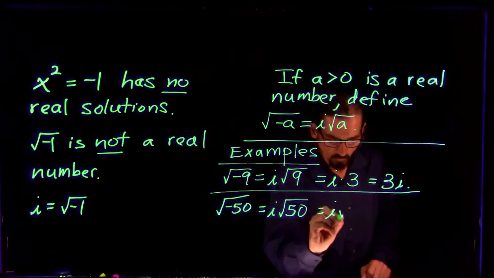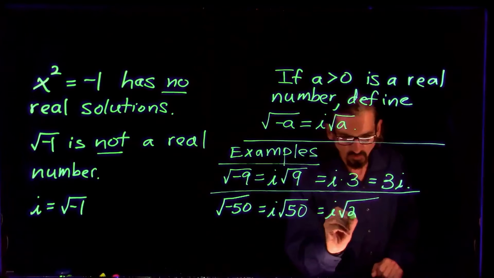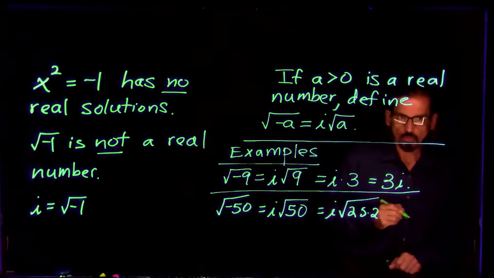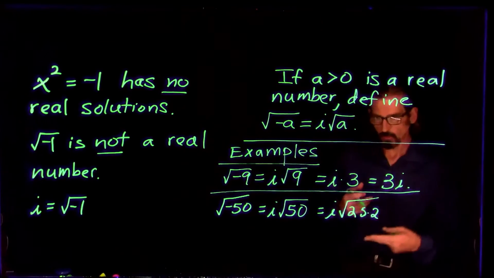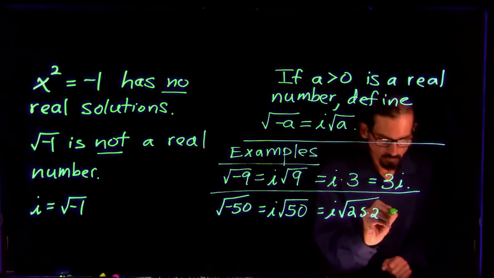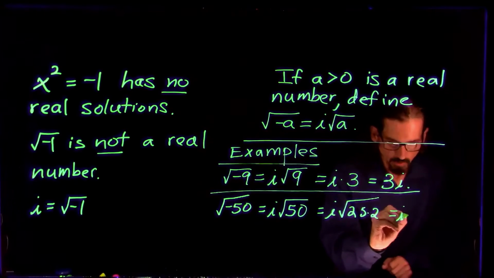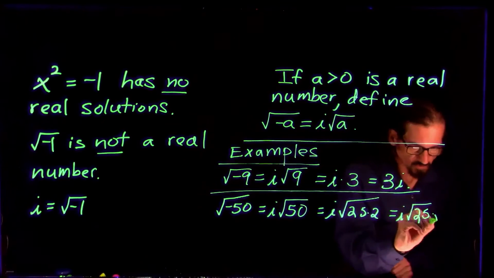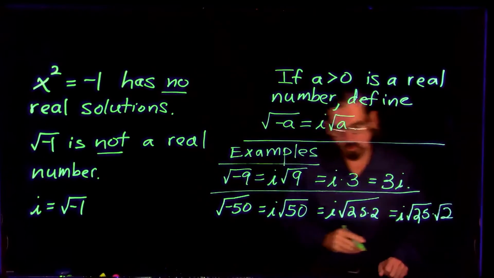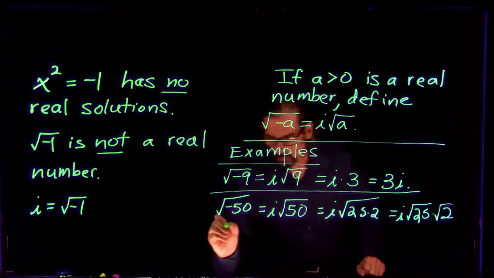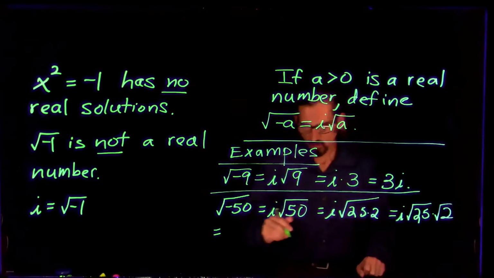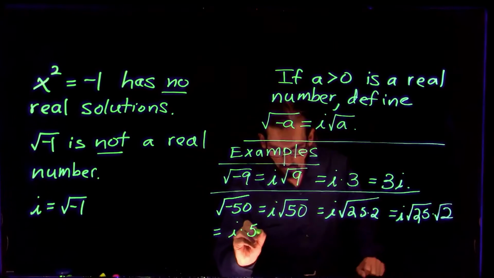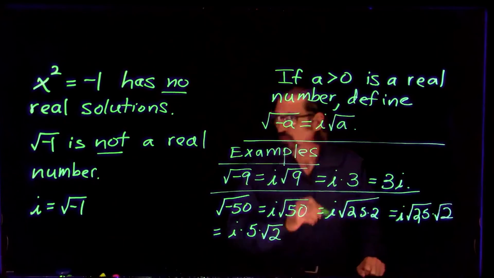So we split that up as 25 times 2 inside, and then use the product rule for radicals. We have i times the square root of 25 times the square root of 2, and we know that the square root of 25 is 5, while we cannot do anything with simplifying the square root of 2.